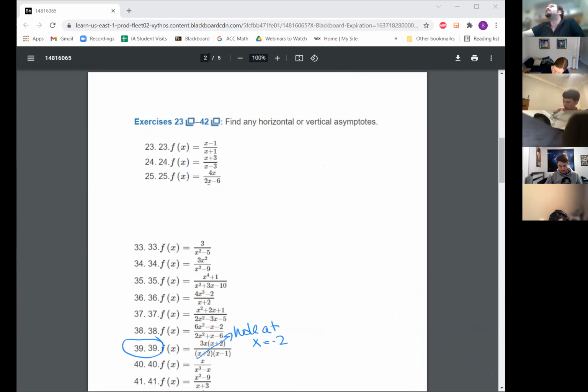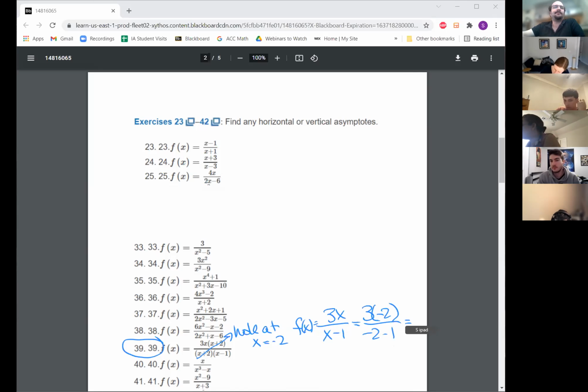And then to find my y, I would put it into my reduced fraction. So I would plug in the -2. So that means my y is going to be -6 over -3. So that gives me a 2. So my hole is (-2, 2).